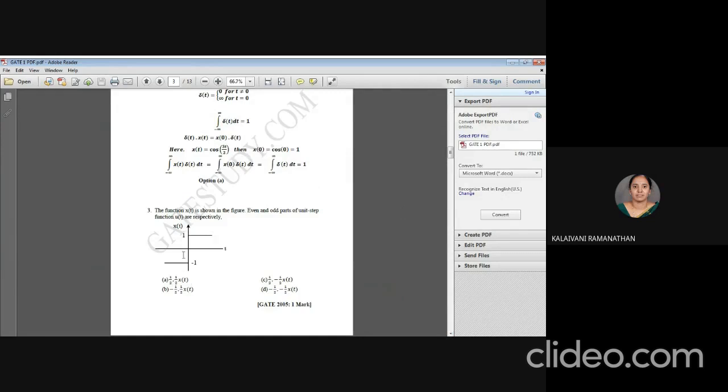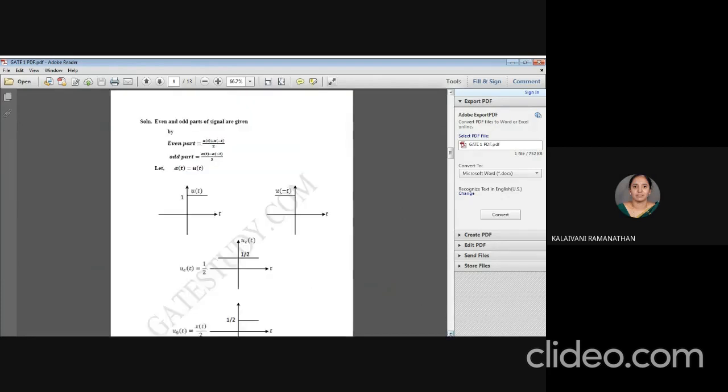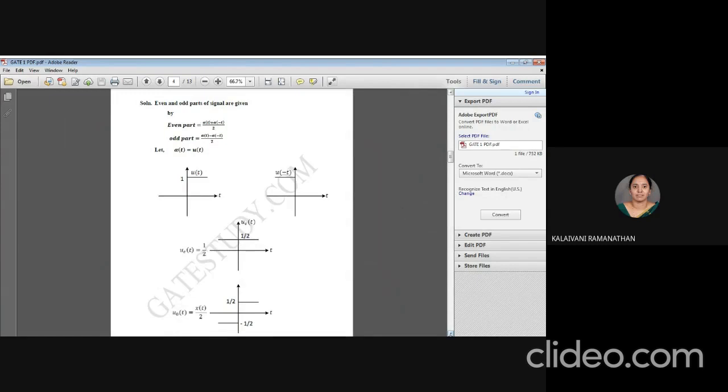If you multiply by 1 by 2, you get both the terms as 1 by 2 for your even part. And then the odd part is given by 1 by 2 x of t. You can check that. So it is 1 by 2 x of t, and then this is 1 by 2 into x of t.